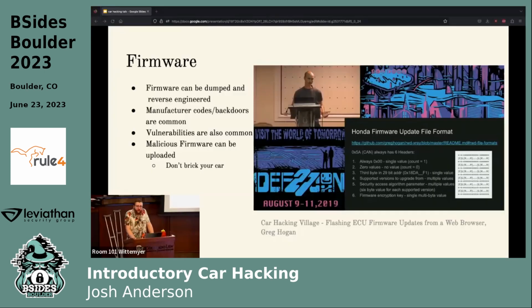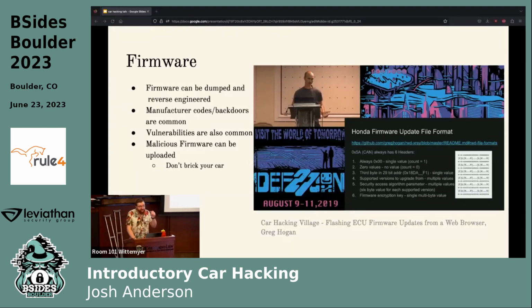It is also possible to read and write firmware to the ECU. That is much more complex, and that is beyond my current level of comfortability and skill. But this is how a lot of those high profile hacks that you hear about in the news get started: people dumped firmware from the ECUs, reverse engineered it, found open developer backdoors, found vulnerabilities in how the software was written.